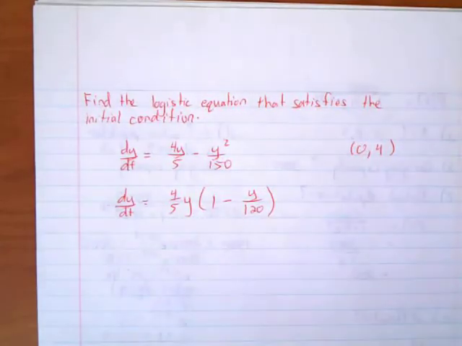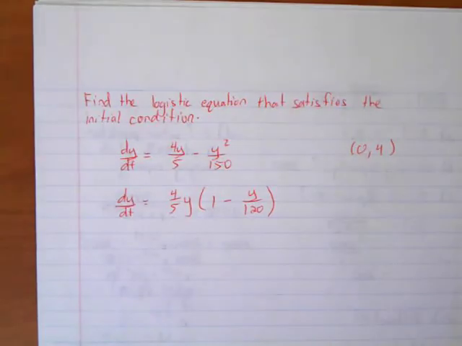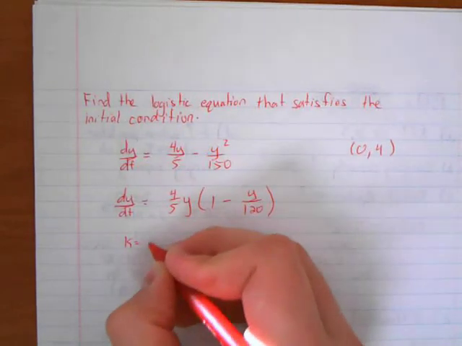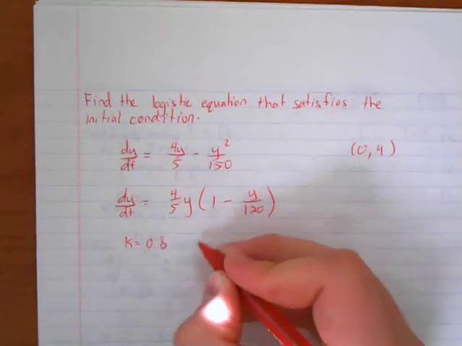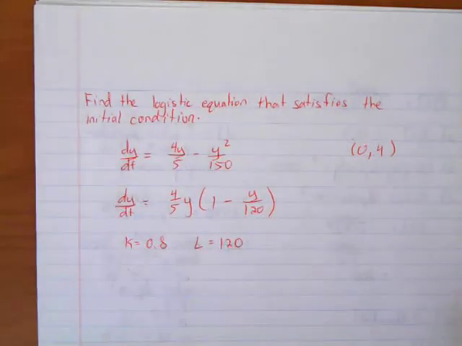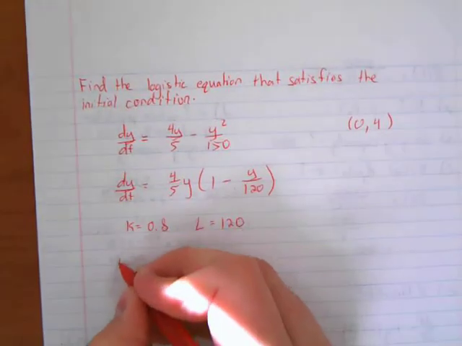Okay, if that's a little confusing to you, you can sort of think of it as factoring out a 0.8. And you get y over 120. So we know a couple things now. We know what k is. K is 0.8. We know what L is. L is 120.